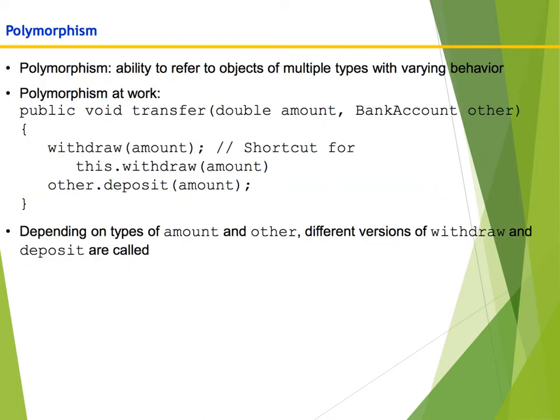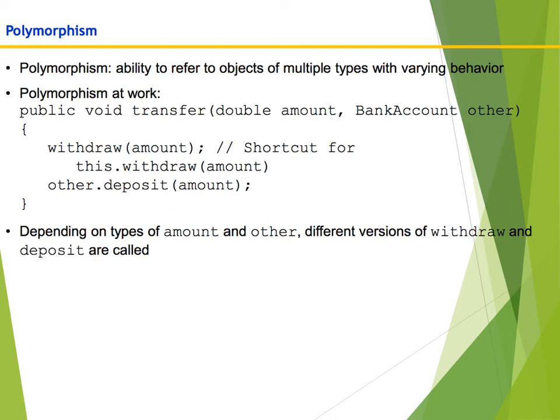In this slide, we're going to define polymorphism, and we're going to see how polymorphism works in Java. Basically, polymorphism is the ability to refer to objects of multiple types with varying behavior. In Java, you can write a method like transfer, as you see in this slide, which has two parameters, amount and other.